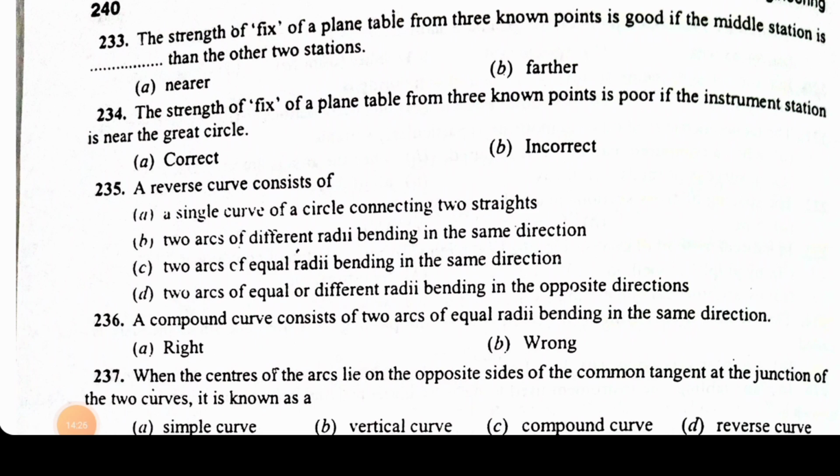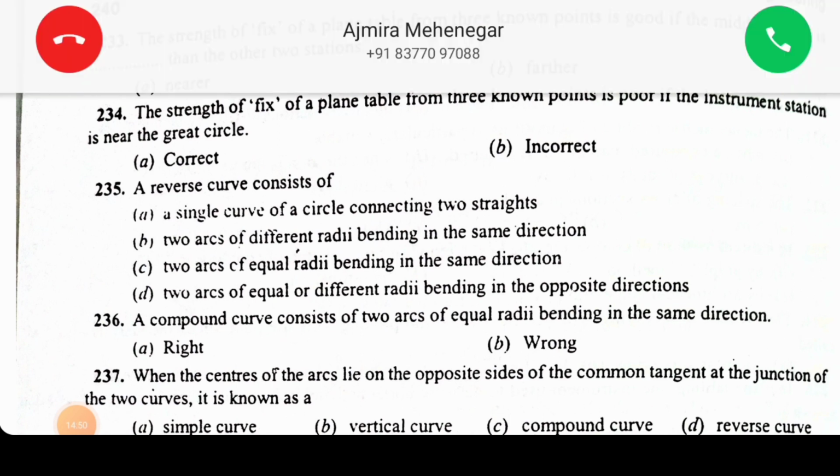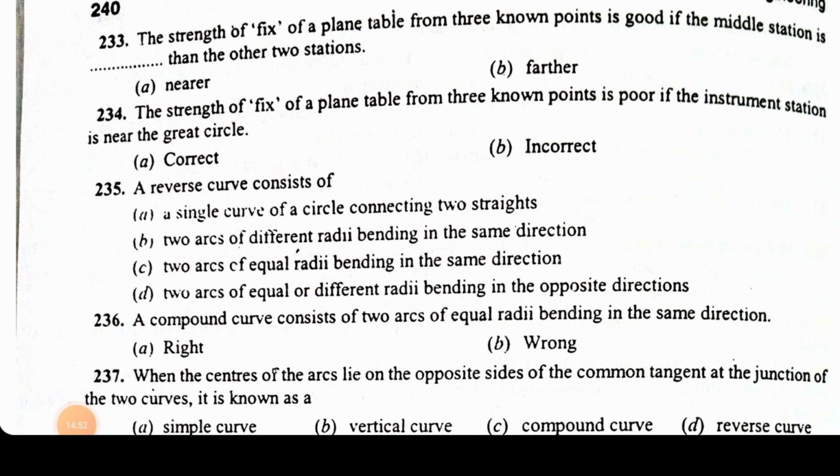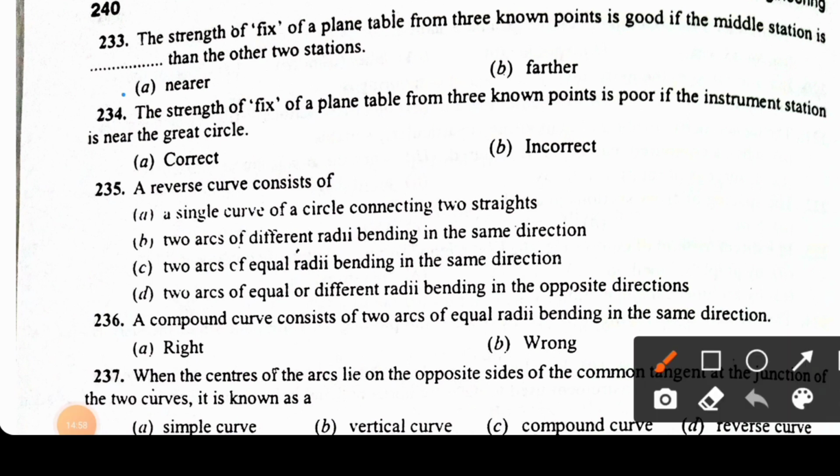233 नंबर क्वेश्चन देखो. The strength of a plane table from three known points is good if the middle station is nearer than the other two stations. यहाँ पे करेक्ट आंसर ये, nearer.